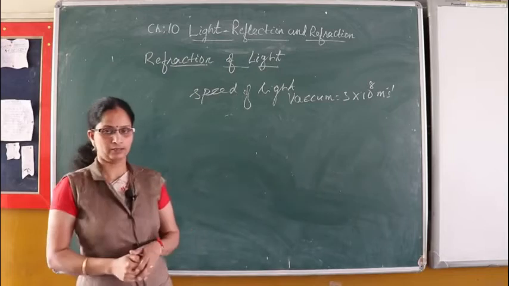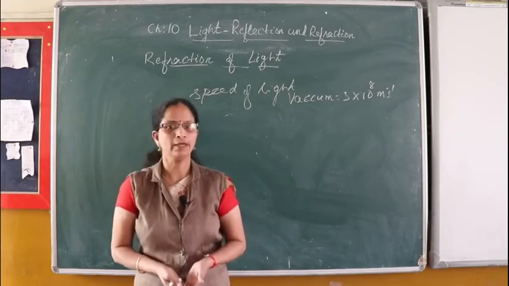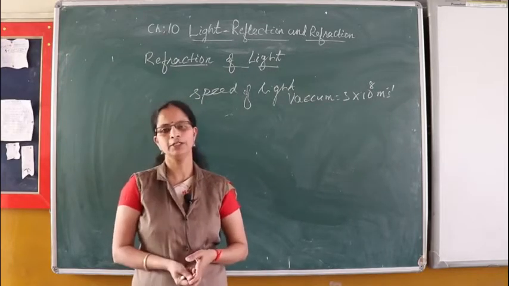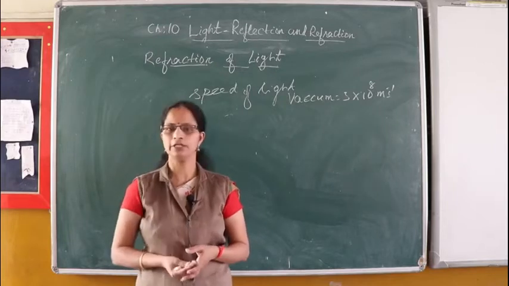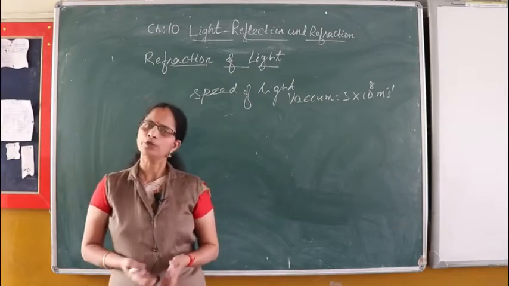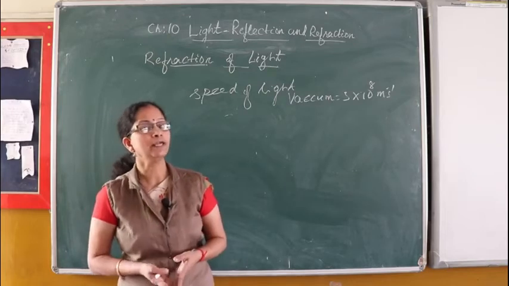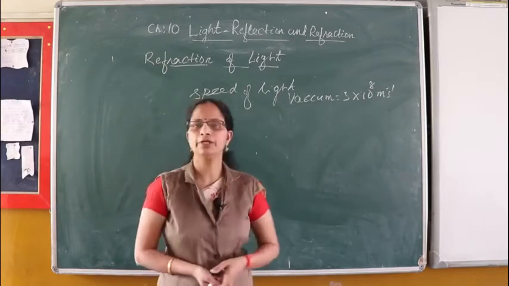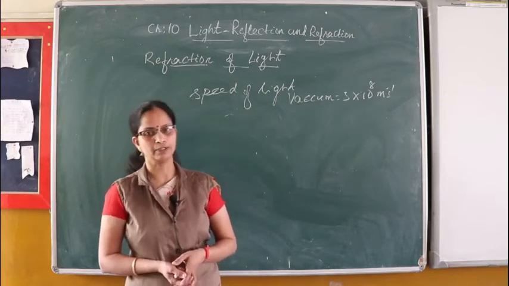As it enters from vacuum to air, only a very slight variation takes place. So here also we consider the speed of light in air as nearly 3 into 10 to the power 8 meter per second.